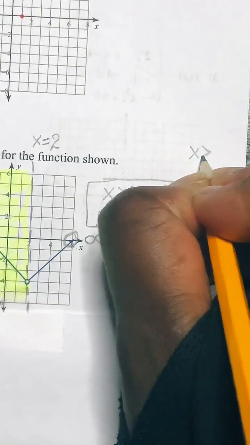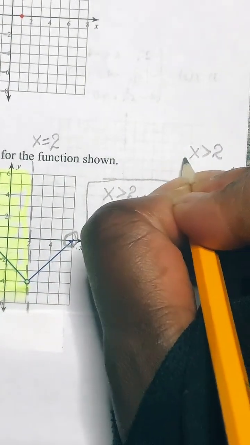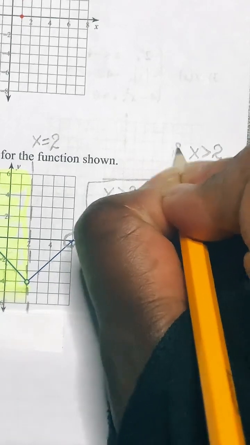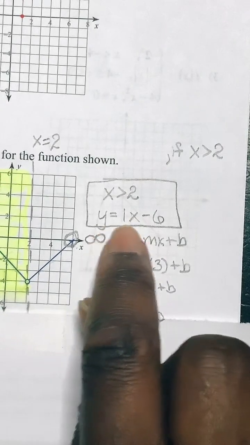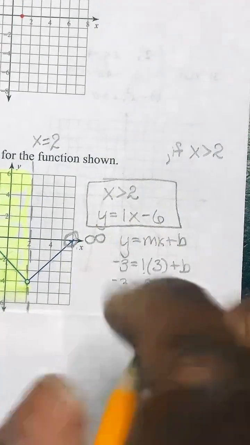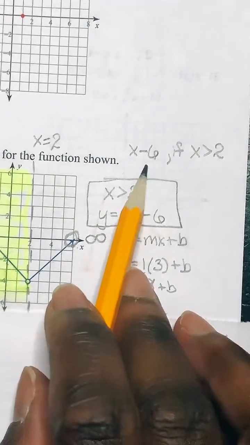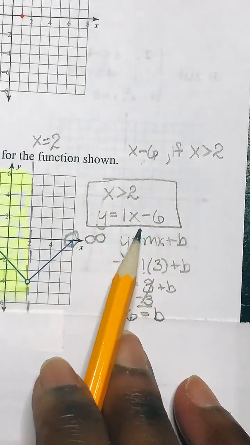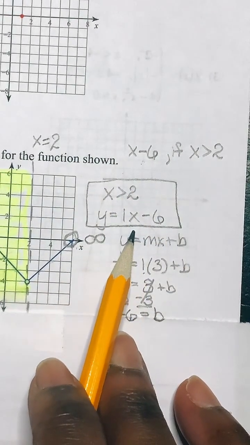My inequality is x is greater than 2. Okay? And I write the word if. And then I'm going to write not y equals, but I'm going to write my x minus 6. Okay, so this is going to be that function that we're going to use.